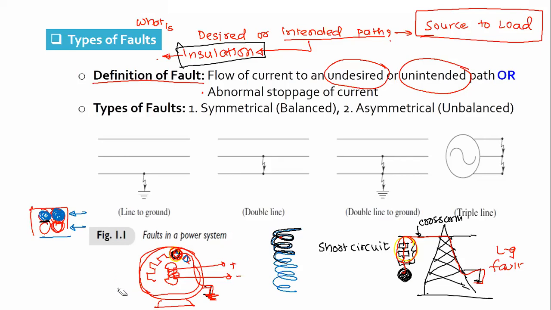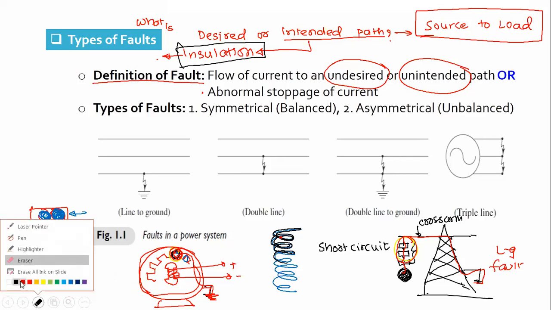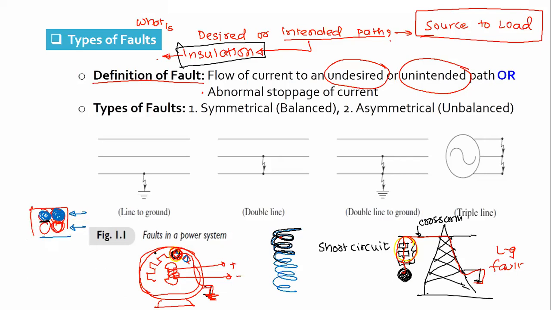If we have not grounded this, in case there is a failure of insulation, then the phase conductor will come in contact with the body of the machine, and whoever touches this body, the current will go to ground through that person, and there may be a severe shock. Okay, so for safety reasons, we generally do earthing. That is the purpose of earthing the body of the machine, for the safety of the person and the machine itself. Fine.